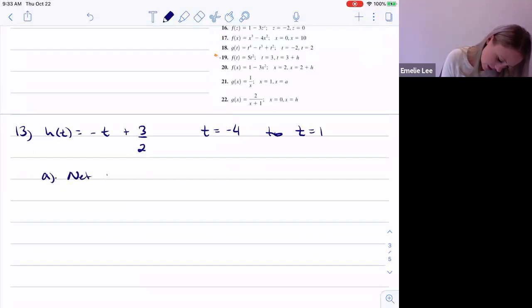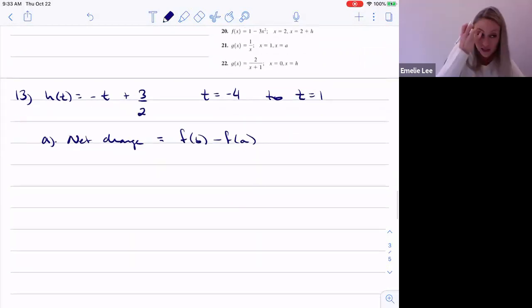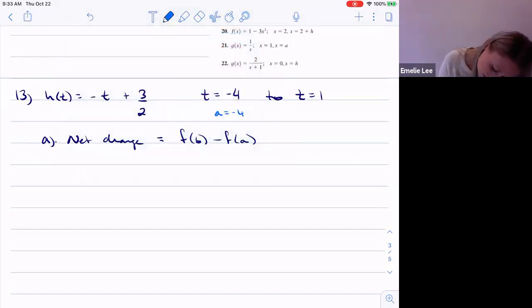So the net change is in general f of b minus f of a. In this case, a is negative 4 and b is 1. And we're not dealing with a function f, we're dealing with a function h.